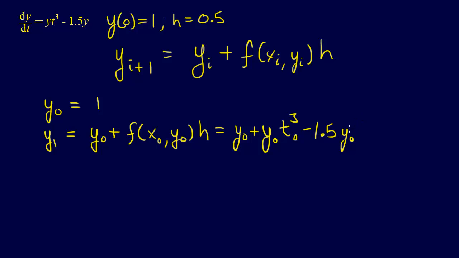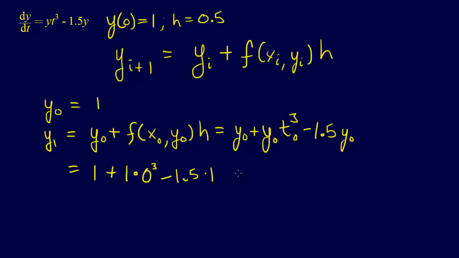Okay, so now we're actually going to plug in values. So y0 again was 1, so that'll be 1 plus 1 times t0 cubed, so that's 0, right? 0 cubed is 0, minus 1.5 times y0, and that was just 1 times 1.